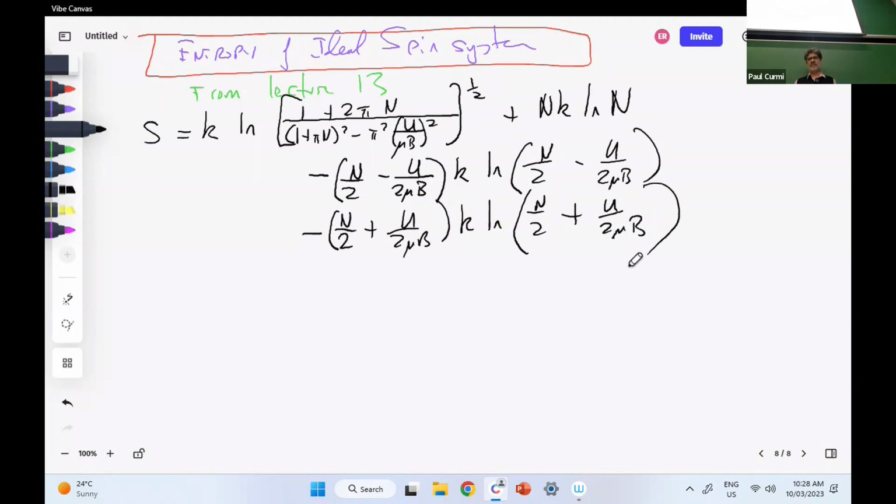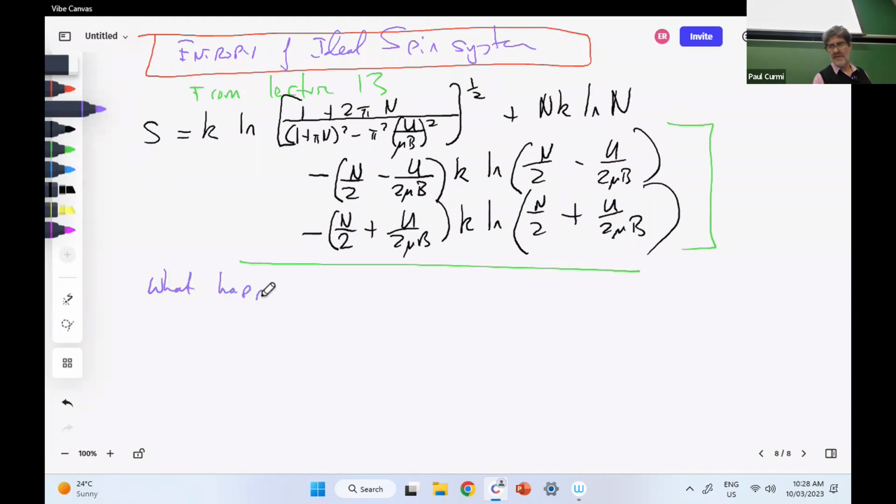That's it. When I look at that, I scream. But the bit that's interesting is this stuff. So what happens at energy equals 0?